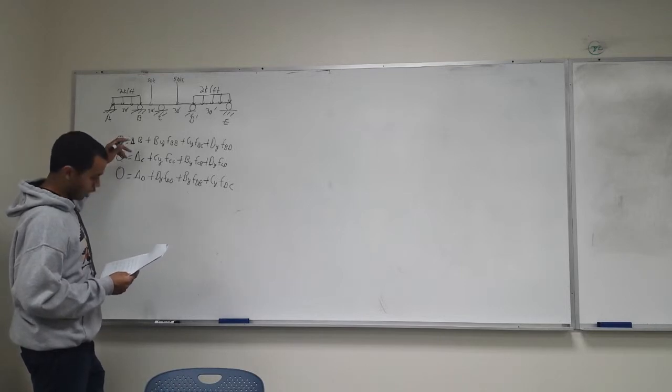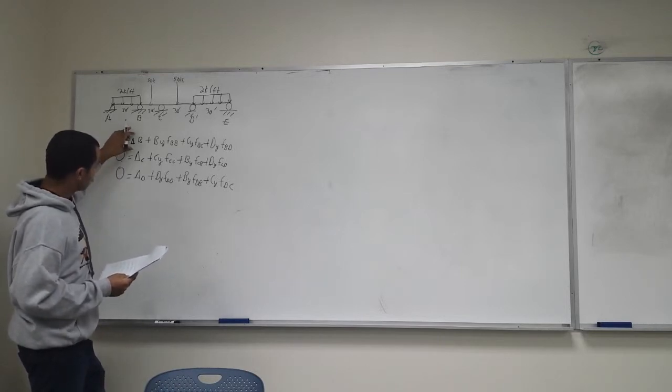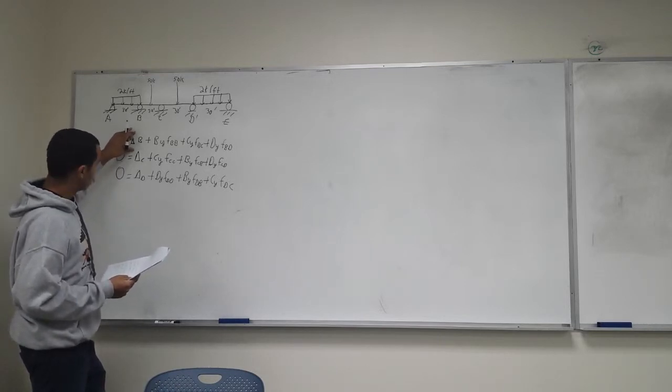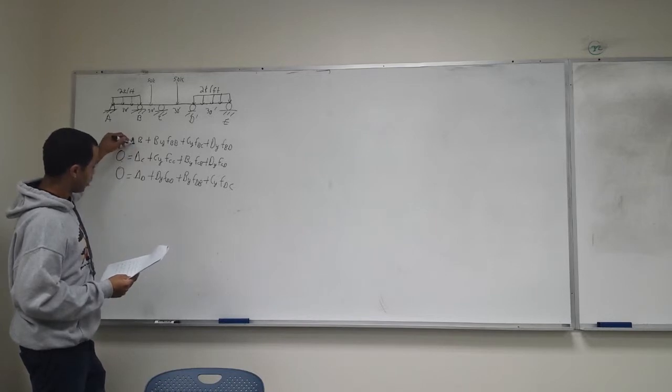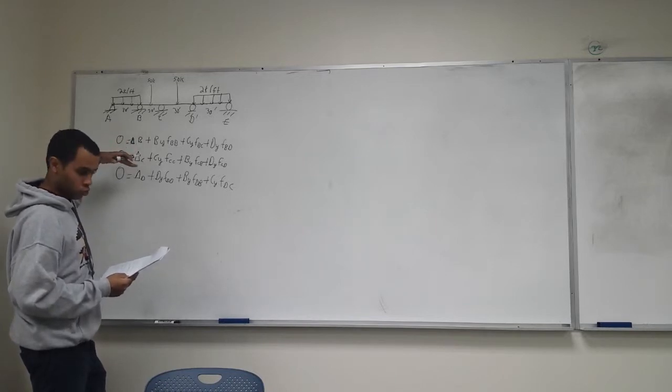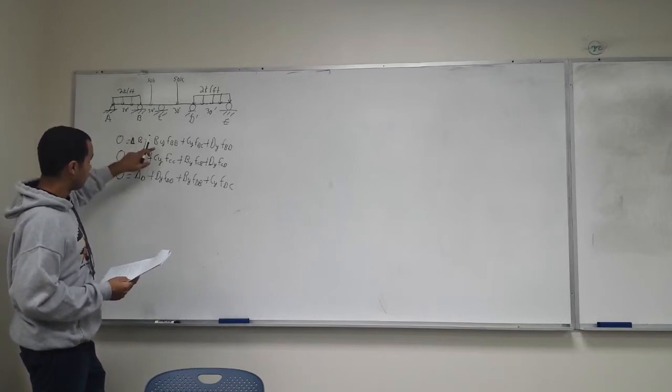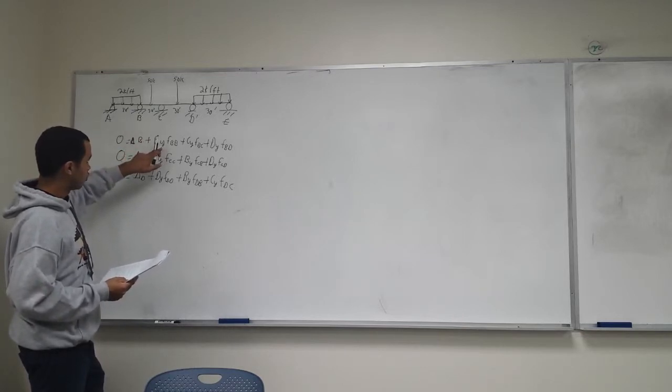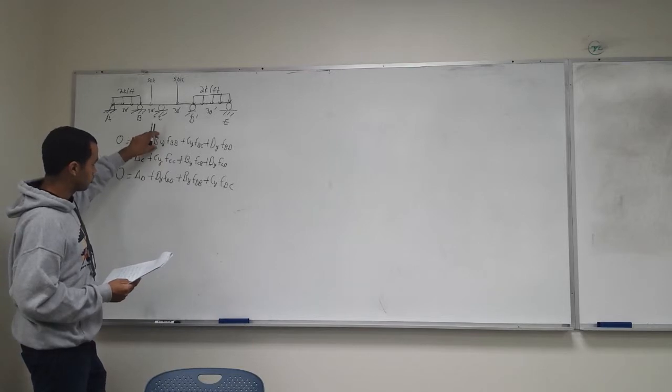Delta B is our displacement at reaction B, which we will be doing now in the integration process. BY is the reaction that we want to obtain.